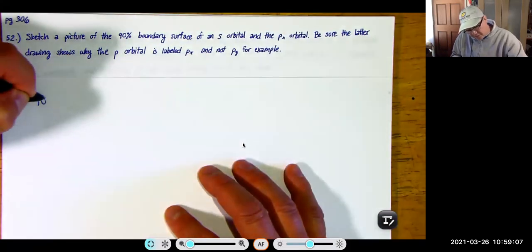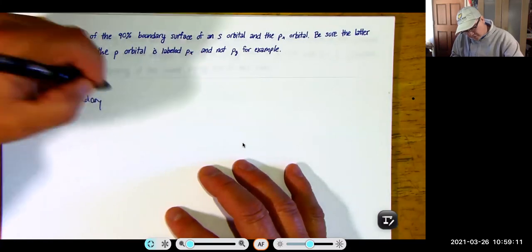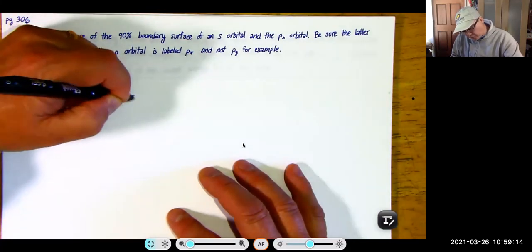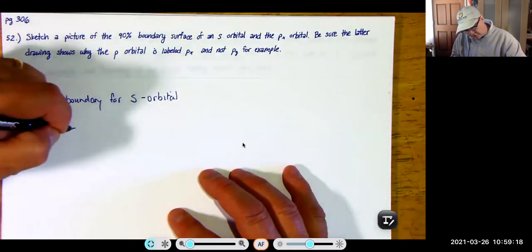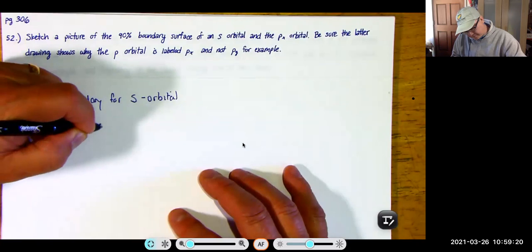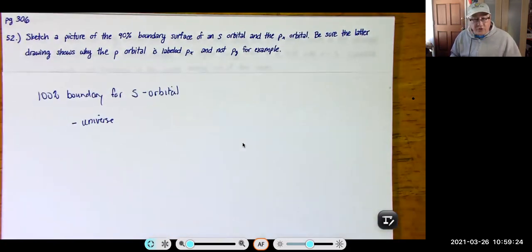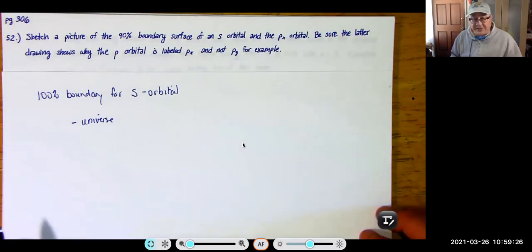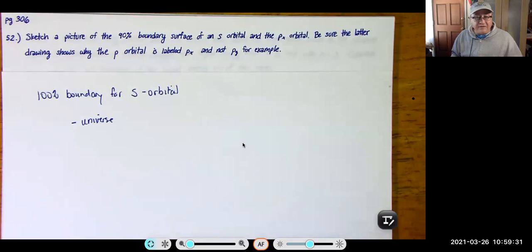The 100% boundary for an s orbital is called the universe. So this boundary is where you will find the electron 100% of the time. And the answer is somewhere in the universe. So every atom has a 100% boundary that is the universe.